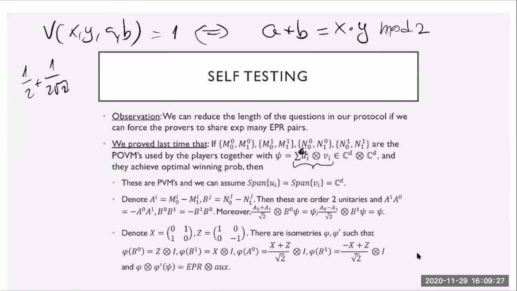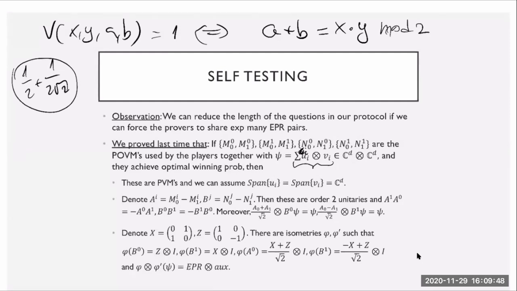So we have this vector and these matrices, and we know that they achieve the optimal winning probability. So if you play according to this strategy that comes out of this choice of matrices, you actually achieve this number, 1/2 plus 1/2 square root of 2.